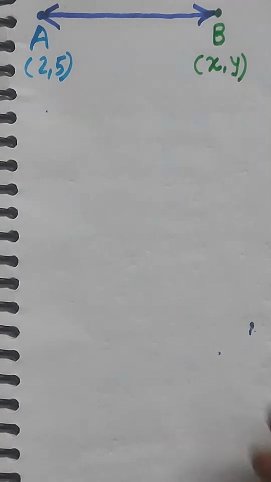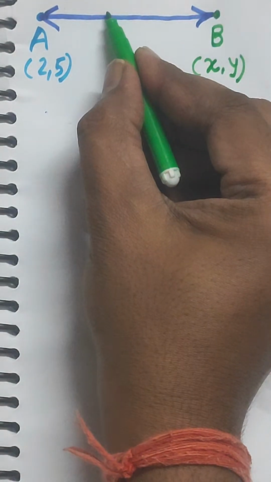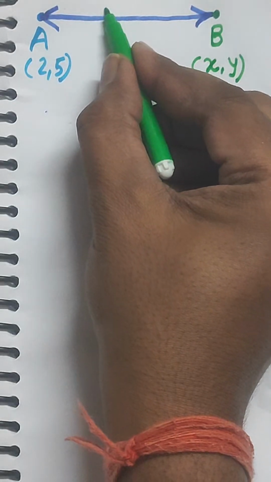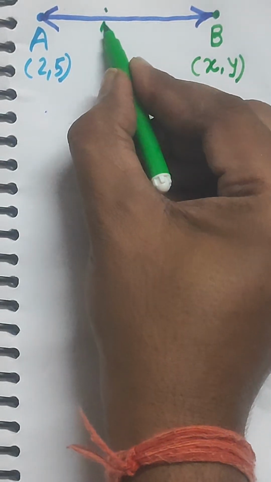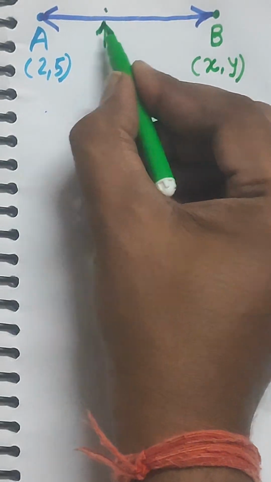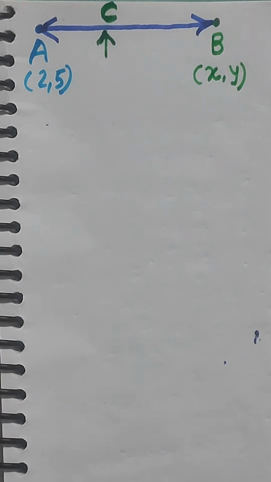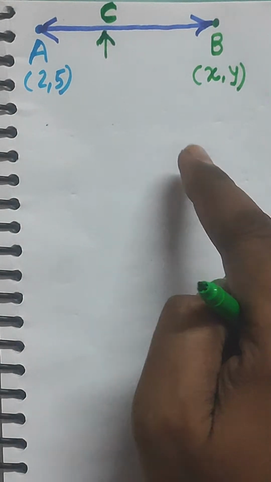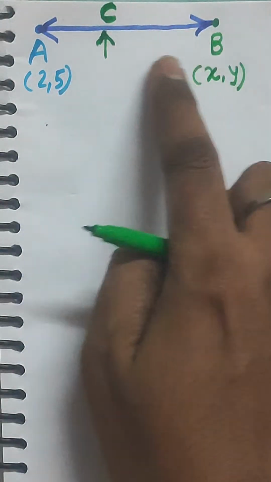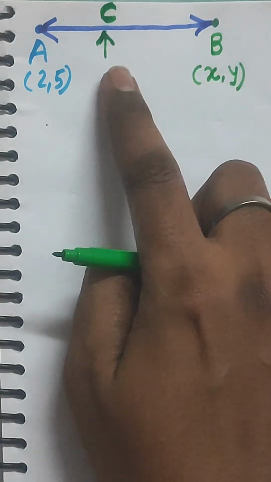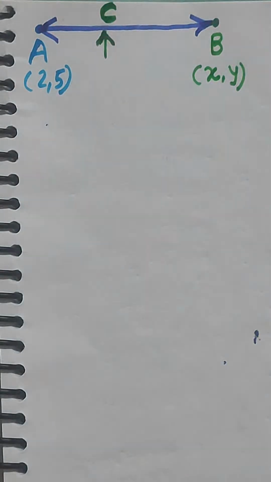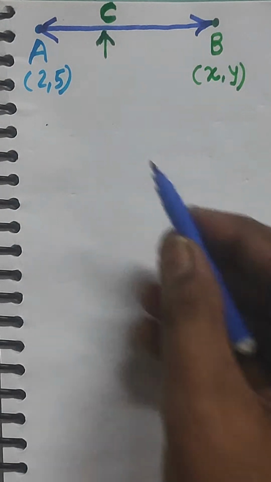Now, at this point, a point C is lying somewhere over here, let's say at this point we have C. And C is lying in the way that it divides internally this line segment AB into the ratio 3:4. So 3:4 is the ratio.